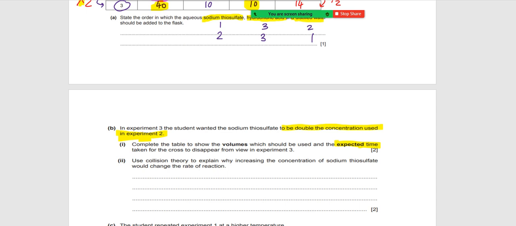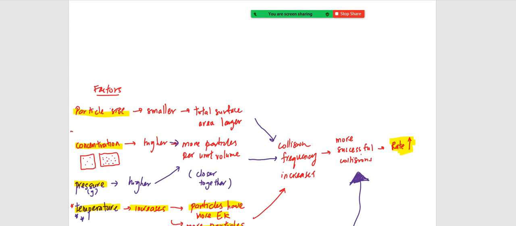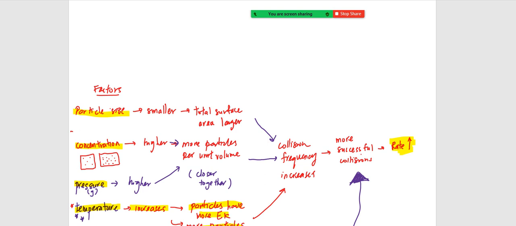Use collision theory. What is collision theory? Collision theory is all this, this whole thing that we learn here, the factors and everything, this whole thing is called collision theory.